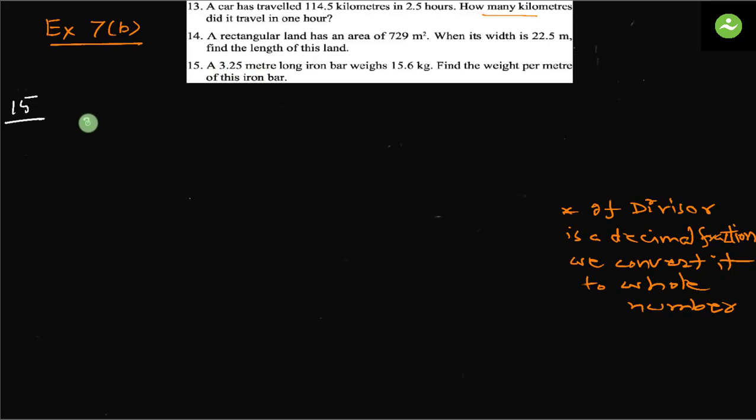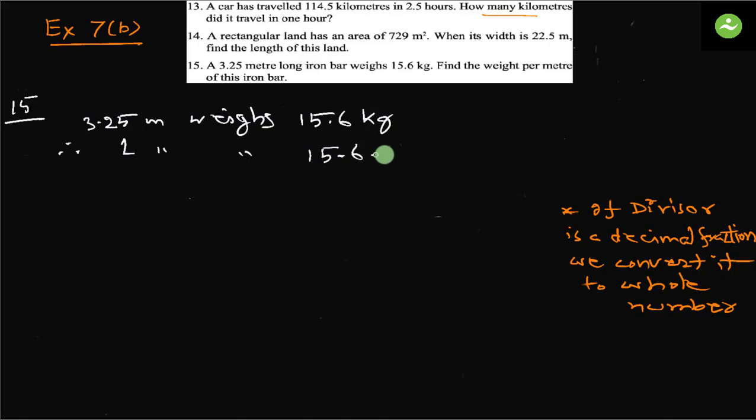So 3.25 meter weighs 15.6 kilo. Therefore, 1 meter weighs 15.6 divided by 3.25 kilo.